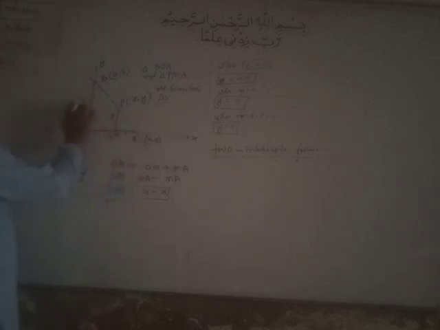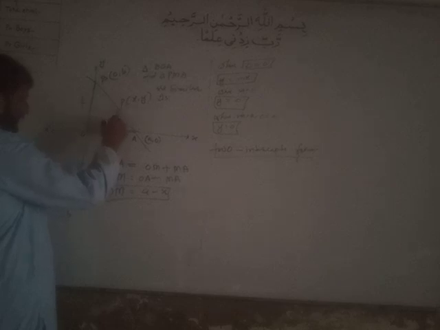So we can say here y upon b is equal to, this complete side and this short side. The ratio of these sides is equal, so the ratio of these sides is also equal.